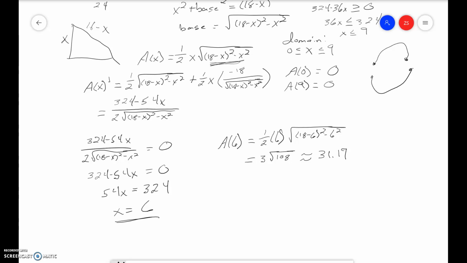So that means that the area of maximization would be 31.17 with the x value of 6, and this is how I would go about finding the maximum value using calculus in a derivative.